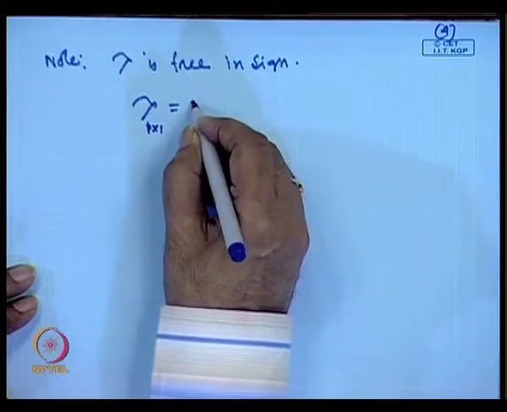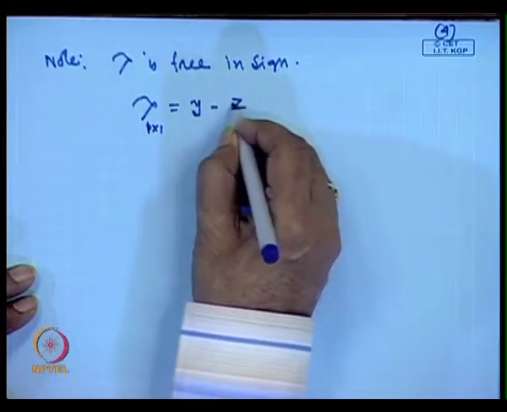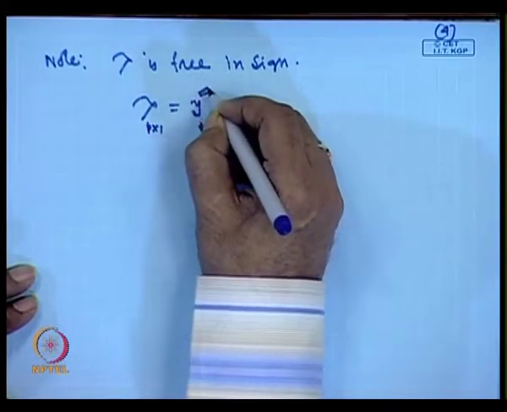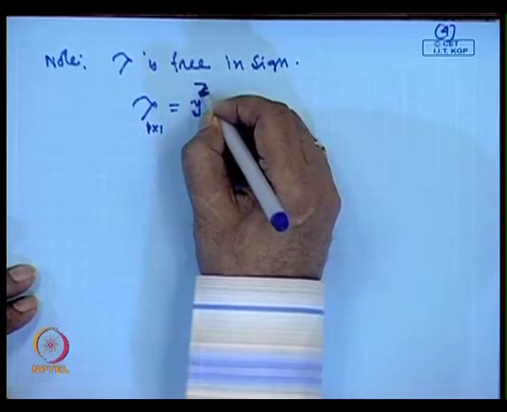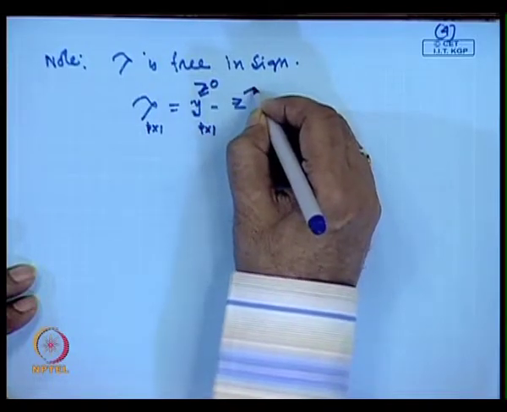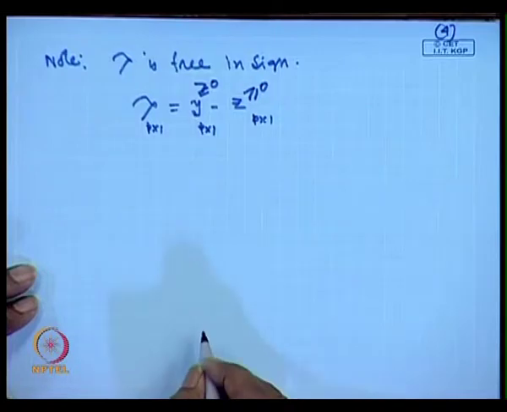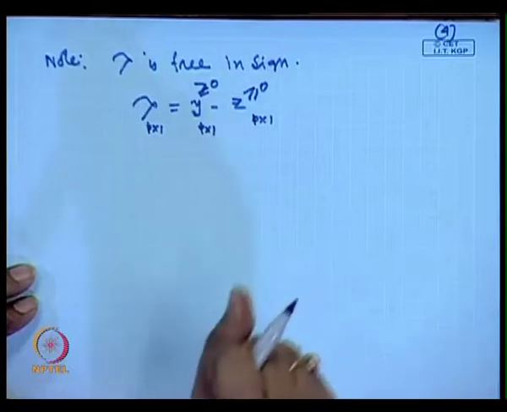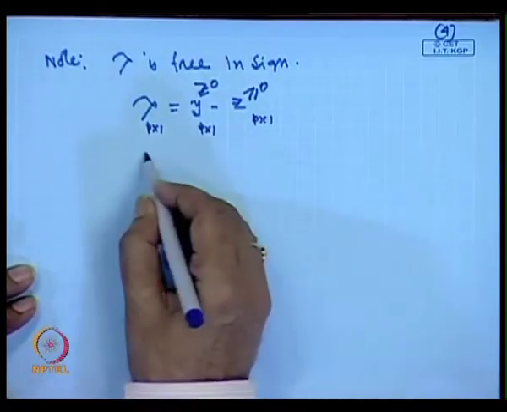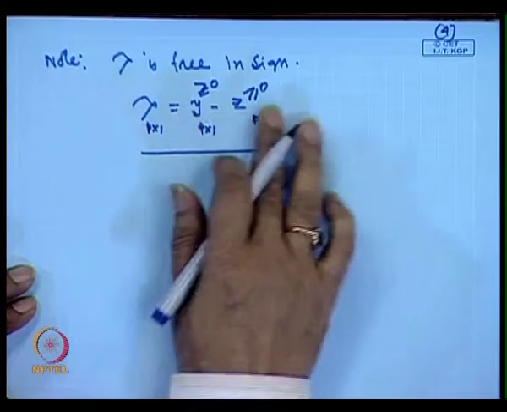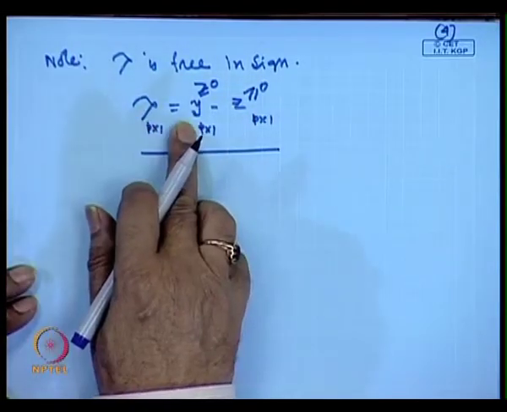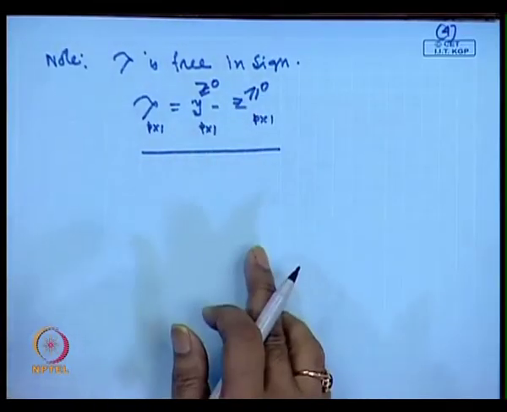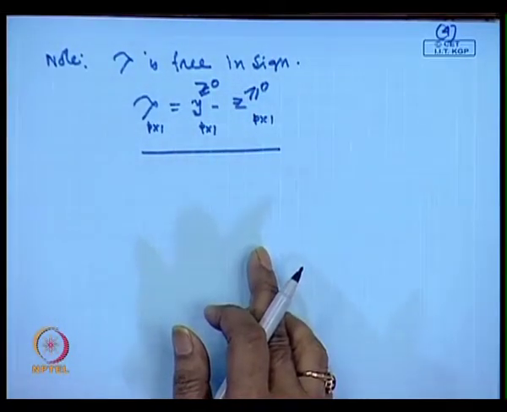So, lambda I can write as y minus z, each is p cross 1, and each component is greater than or equal to 0. This is also greater than or equal to 0, positive condition. The difference of these may be positive, negative, or 0. So, these are the new variables we have introduced. In place of lambda, I will write y, which is greater than or equal to 0, minus z greater than or equal to 0. So, we can reformulate the problem now.